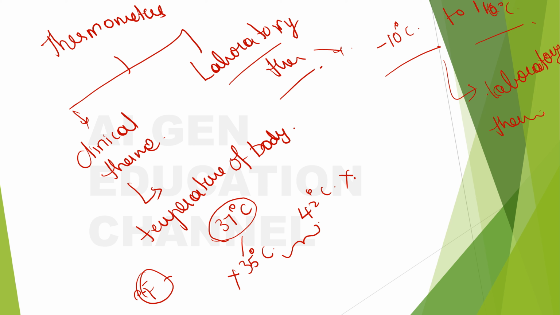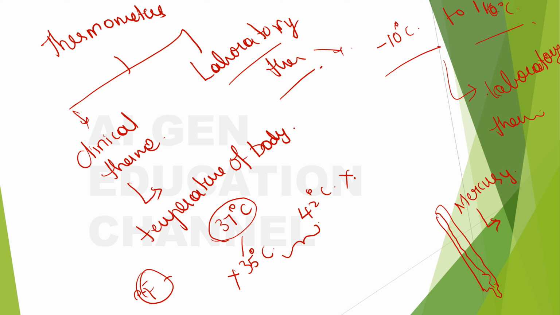Now, if we get into the details of the making of these thermometers, right? If you consider the clinical thermometer, what is used? As I have mentioned, mercury is used. Why is mercury used?